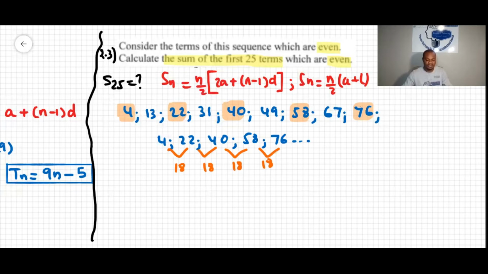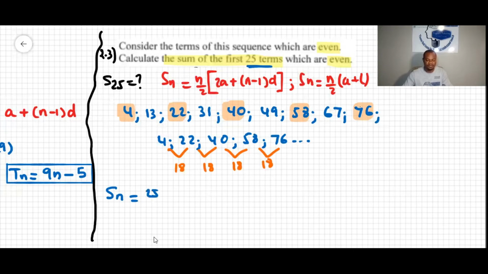So we can say Sn will be equal to, okay, we can apply this formula. Sn will be equal to n over 2. N, how many terms? 25 terms, so n is 25.